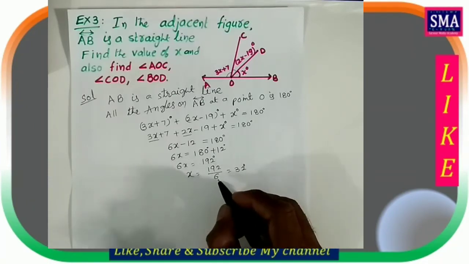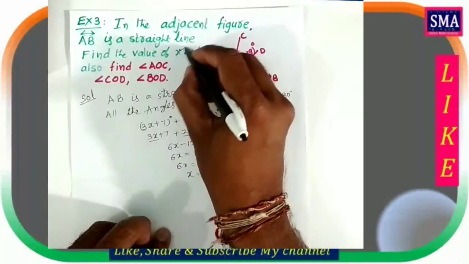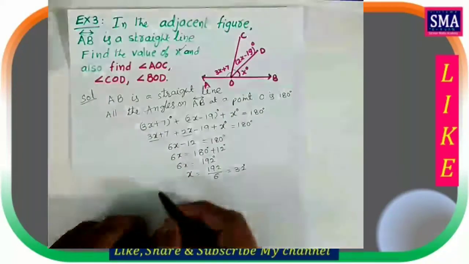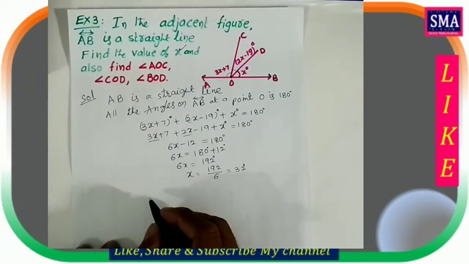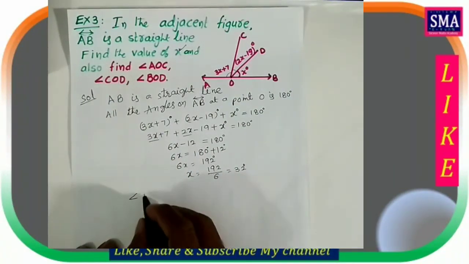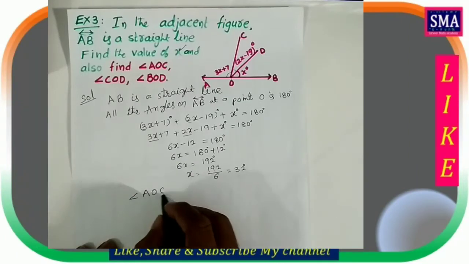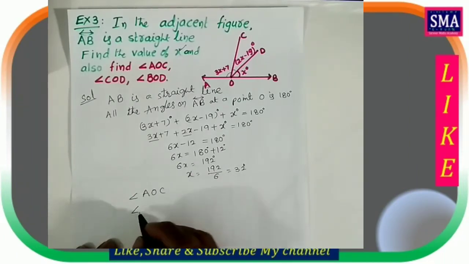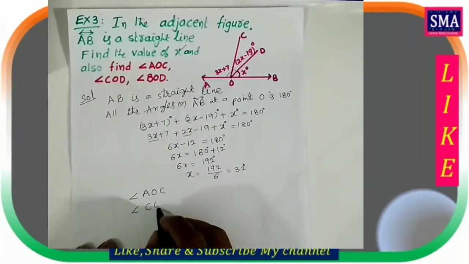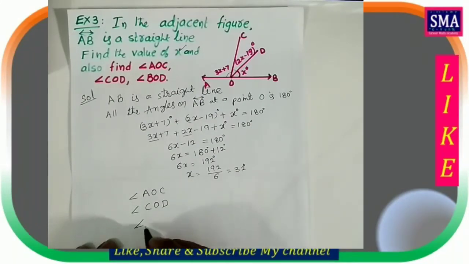Next, having found the value of x, find the angle AOC. First one is angle AOC, second one is angle COD, third one, angle BOD.